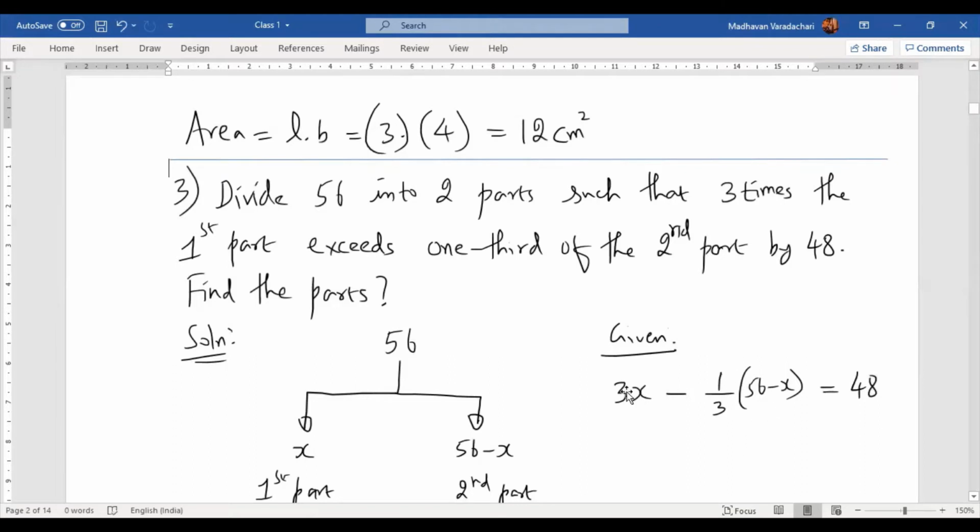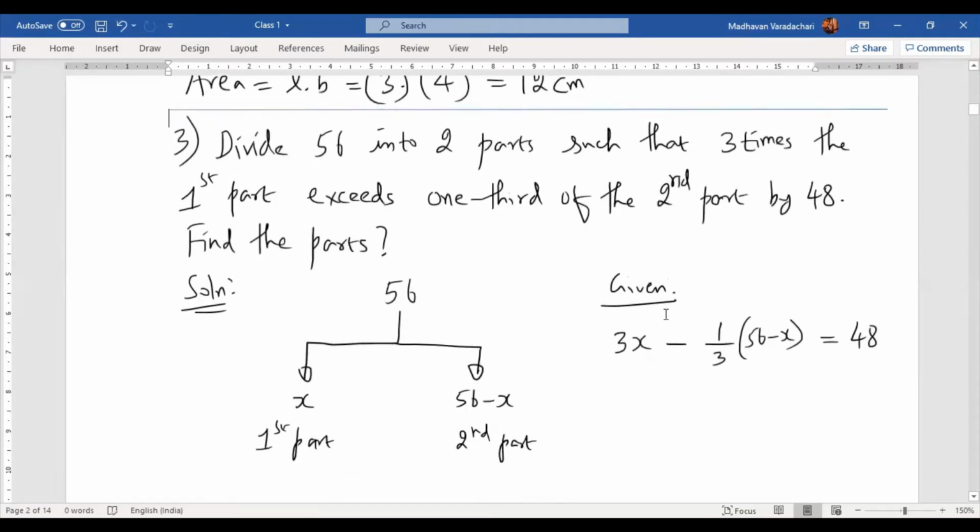Now you need to solve this equation. You created an equation based on what is expressed in the question by considering an unknown as x. Now you need to solve it to first find x. Once you find x, you can find the other part as 56 minus x.